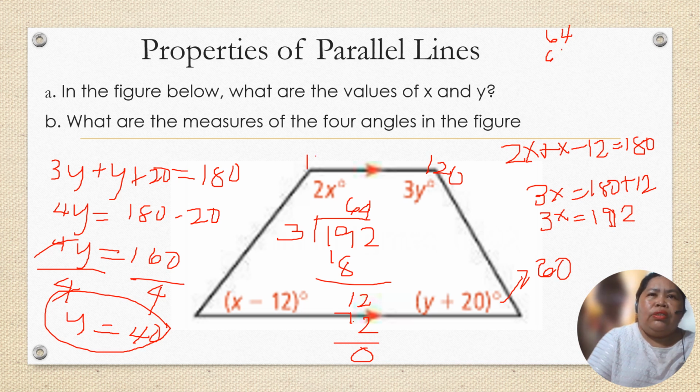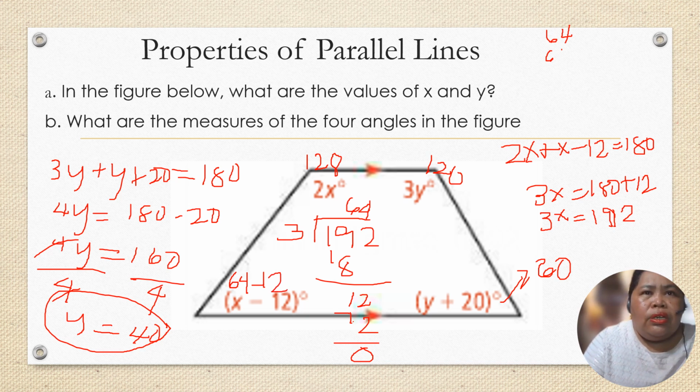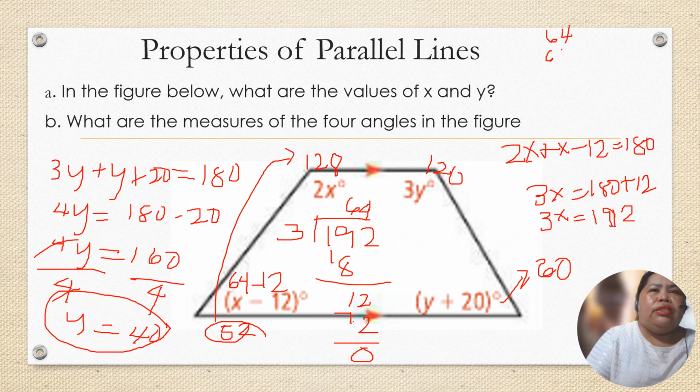Okay, this is 128. And then for x, we have 64. 64 minus 12 is 52. And 52 plus 128 is 180. Oh, correct. Okay.